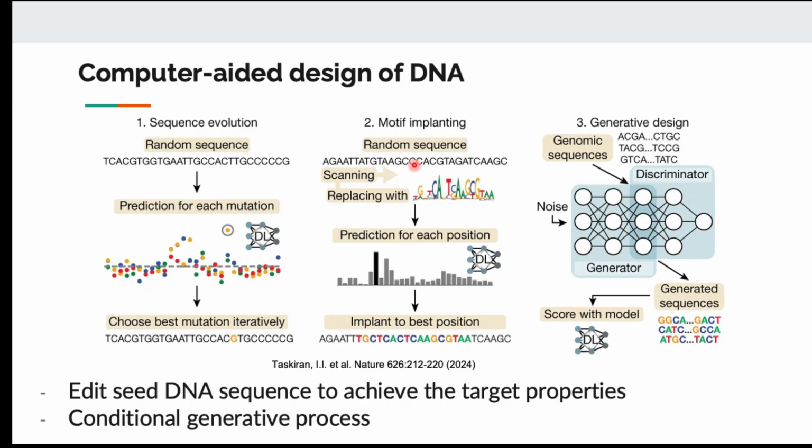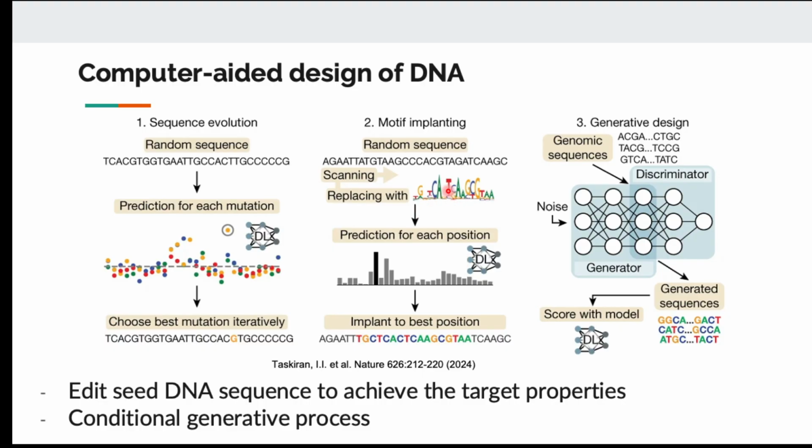Another way, if you want to insert a regulatory element inside your gene, you might have a known protein binding site, a transcription factor binding site, that you want to add to your gene so that it can regulate your gene. But you have an option: where in your sequence should you add this binding site? Instead of trying several regions, you can do prediction.